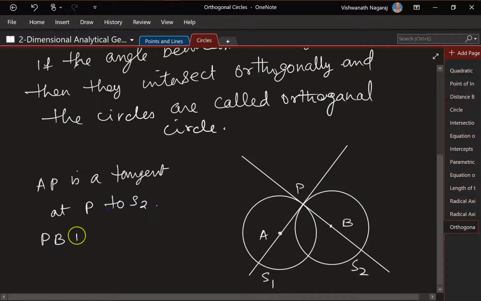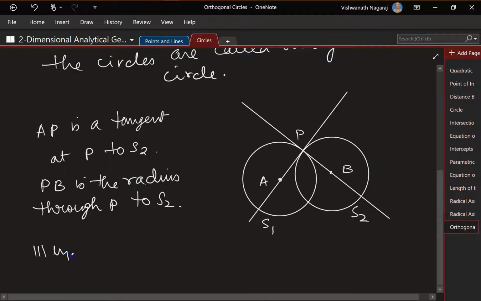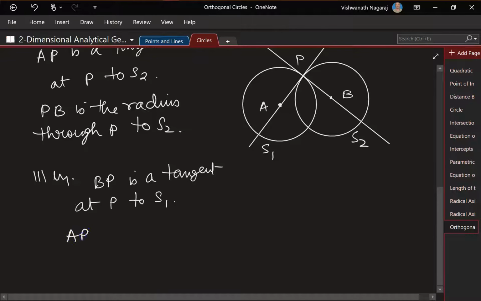PB is the radius through P to S2. Similarly, BP is a tangent at P to S1, and AP is the radius through P to S1.